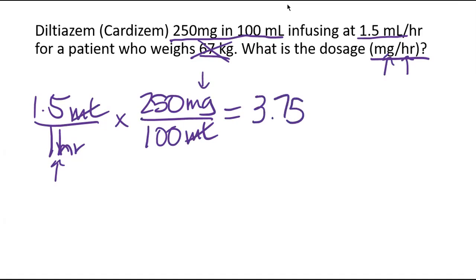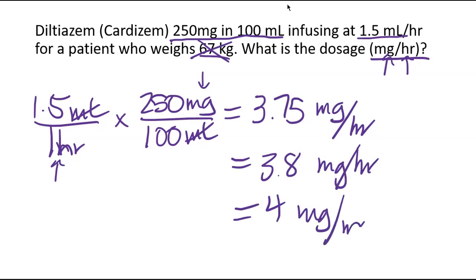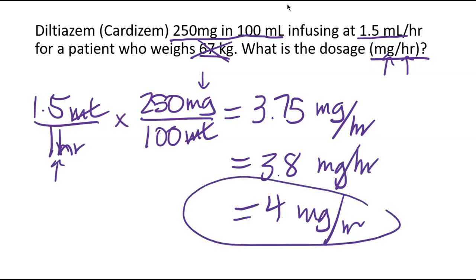And that would be milligrams per hour. Okay, or 3.8 milligrams per hour, or 4 milligrams per hour. Okay, you've done all of these. This is with 3 significant figures, 2 and 1. Okay, if you need a whole number, there's your number right there, but all these answers are correct.